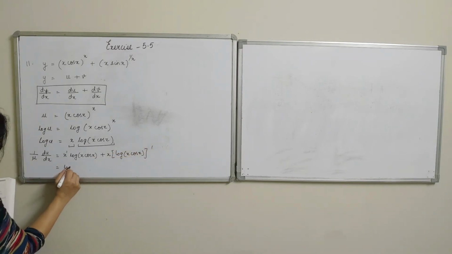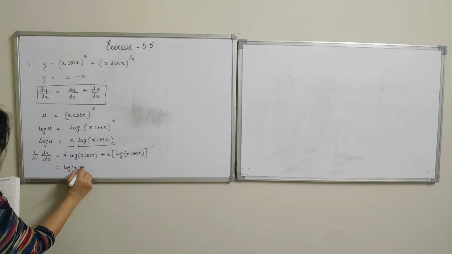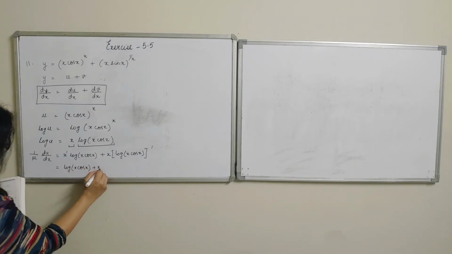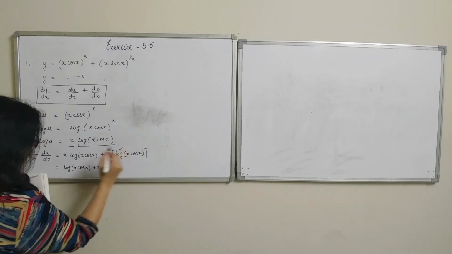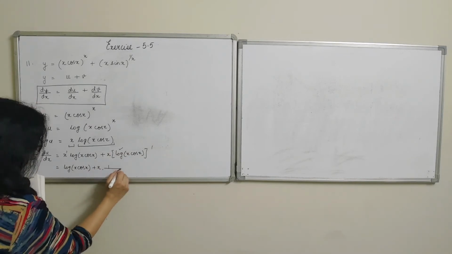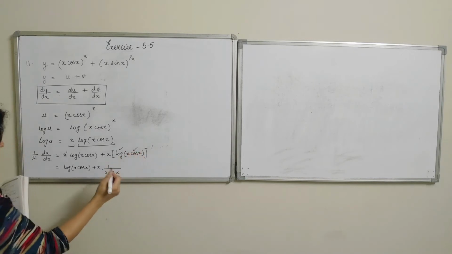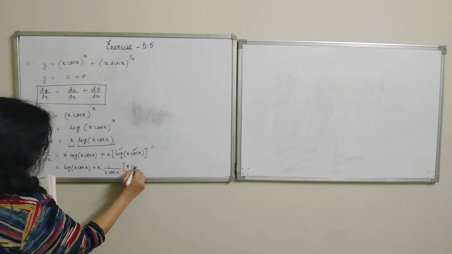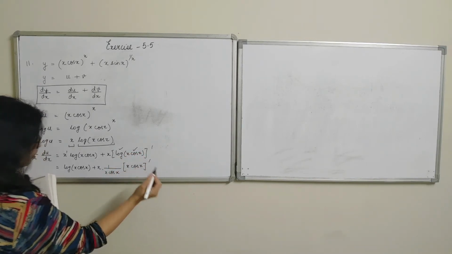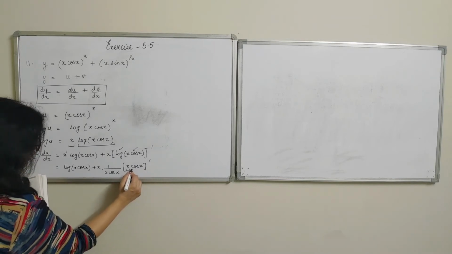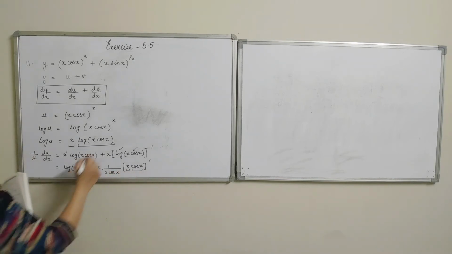The first term is log x cos x. Next term, this is a composite function, so differentiating the log function, we get 1 upon x cos x. Then x cos x again has to be differentiated using the product rule, because here is a polynomial and a trigonometric function.